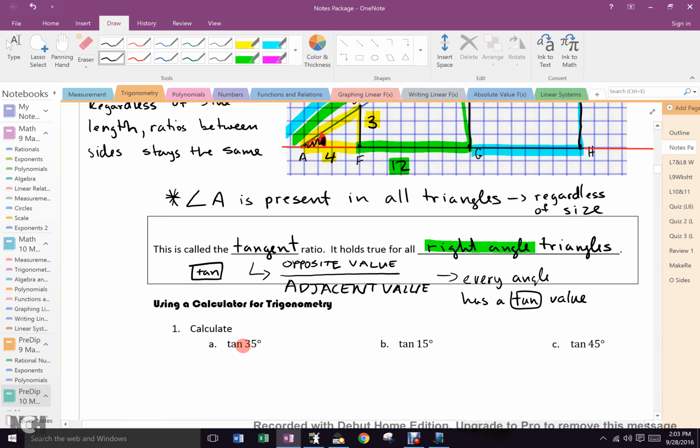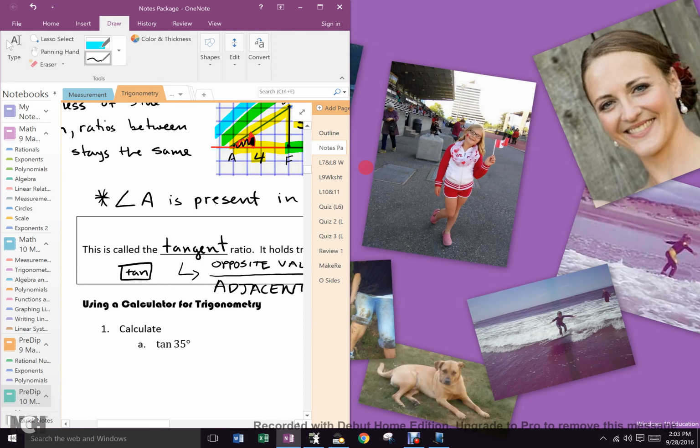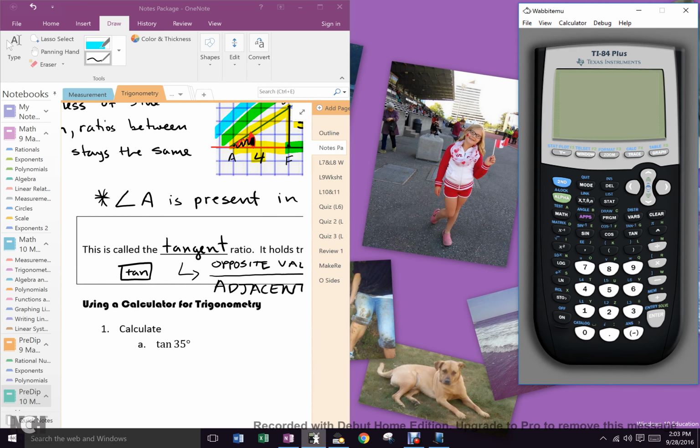Now we're going to actually do the practice. Everybody needs their calculator out. Everybody needs a couple of things on their calculator to be visible. I'm going to get my calculator visible. Are any of you working from one of these fancy schmancy calculators?